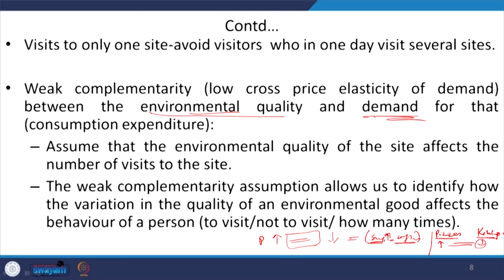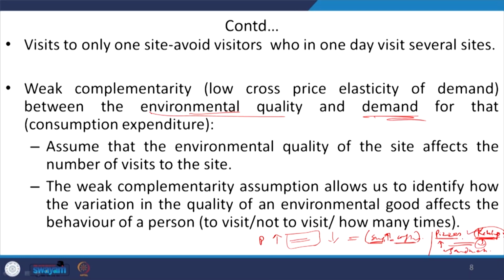In the case of weak complementarity, because there exist some complementary relations, this will happen. But suppose ketchup is also demanded for taking with sandwiches. In that case, although the price of pizzas will be increasing, its repercussion will not be reflected in the ketchup's demand, because ketchup is also demanded for the sandwich.